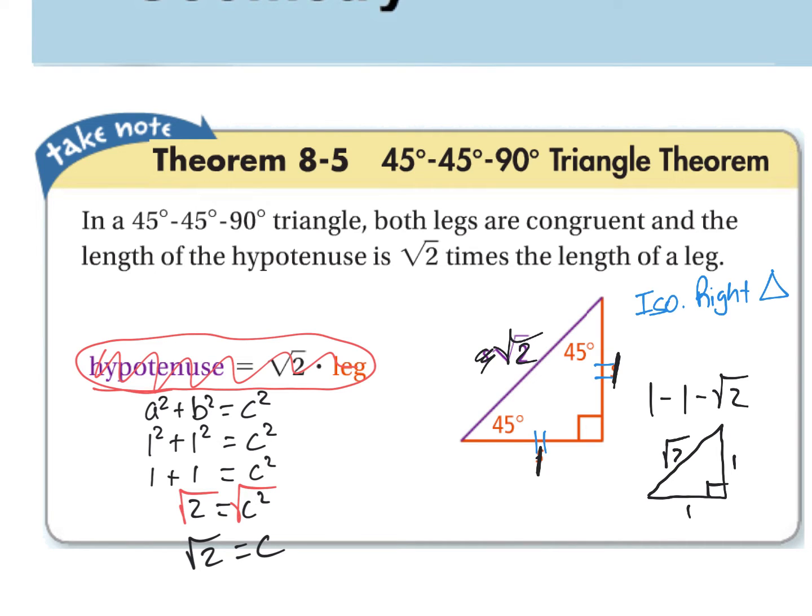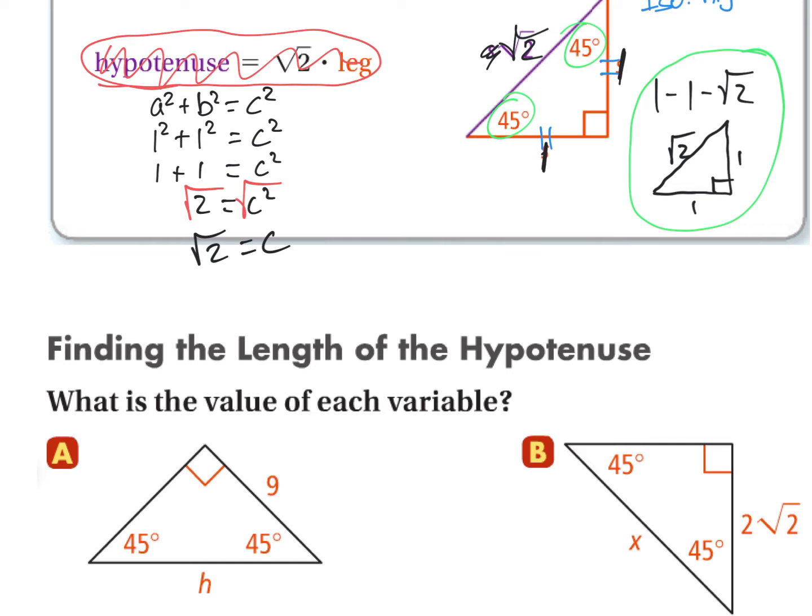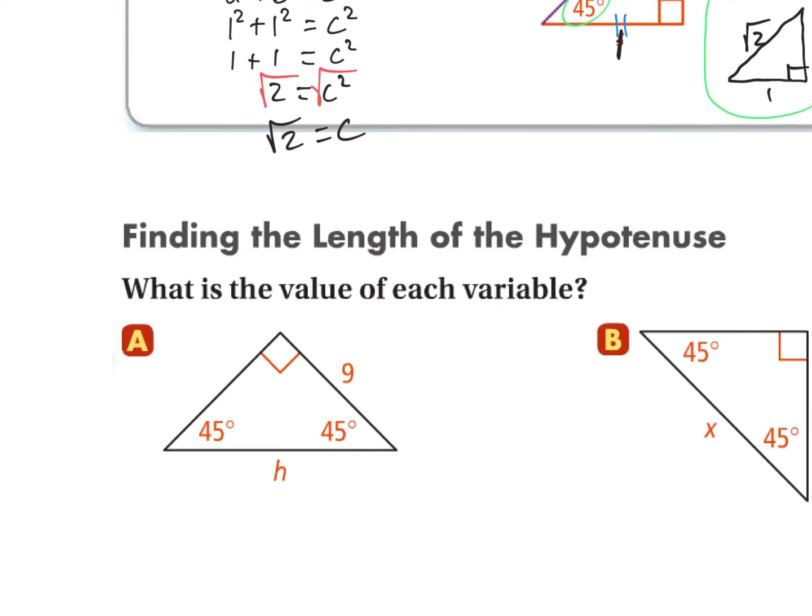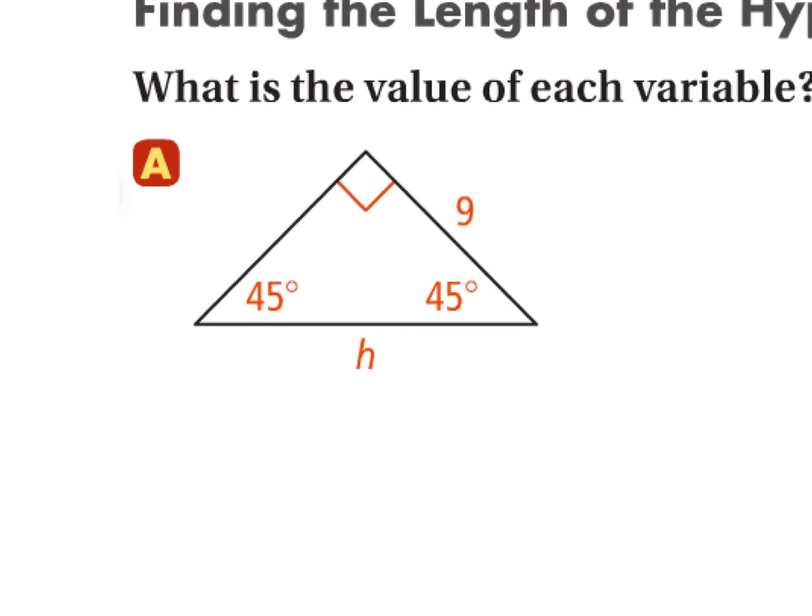And every single isosceles right triangle, or every single 45-45-90 triangle, will be similar to this triangle. It has to be, because of angle similarity. We've talked about that before. And so what we can do then is set up that similarity problem in a problem like this.